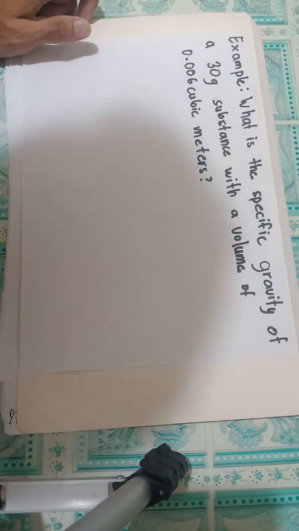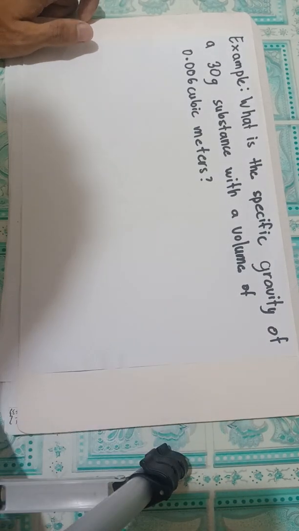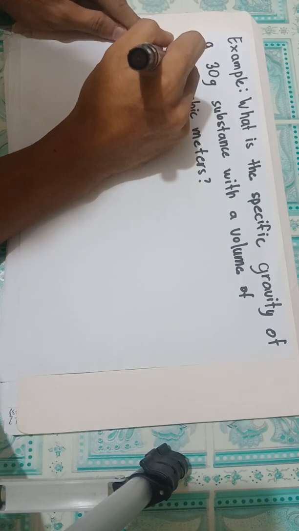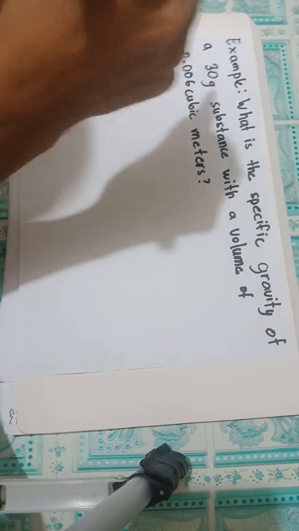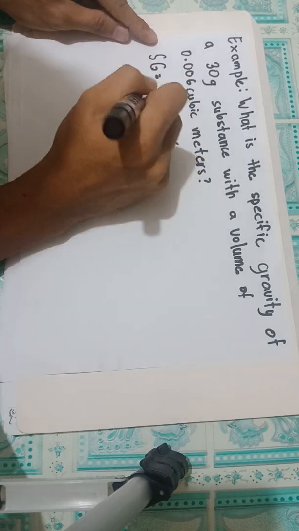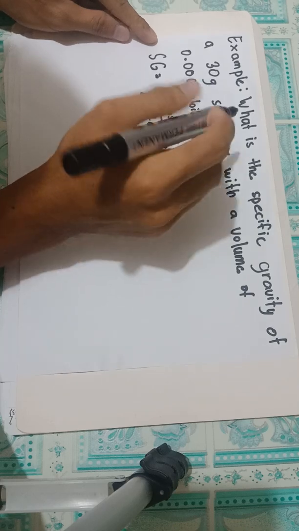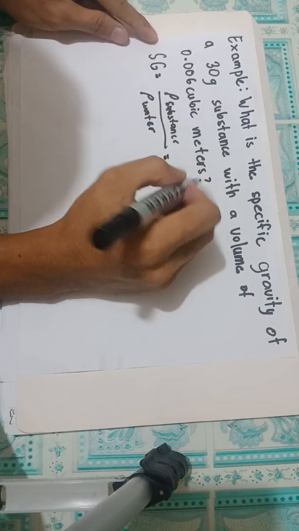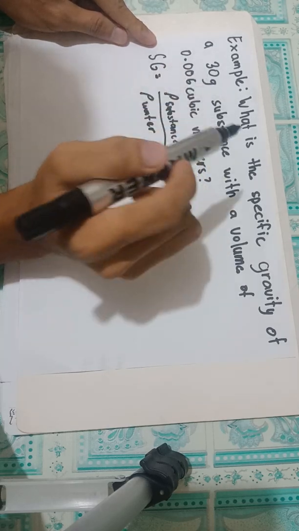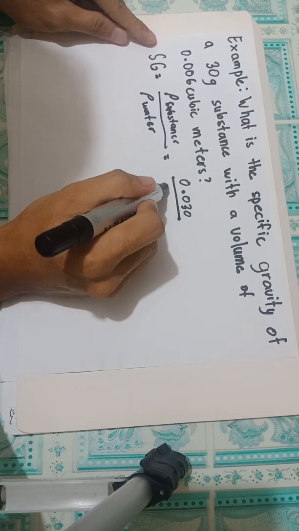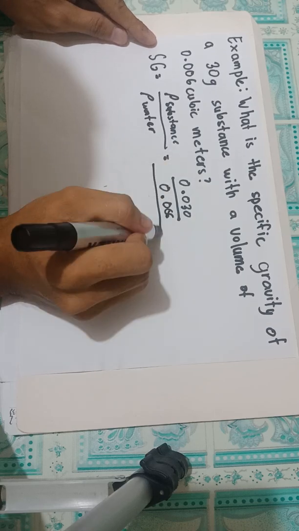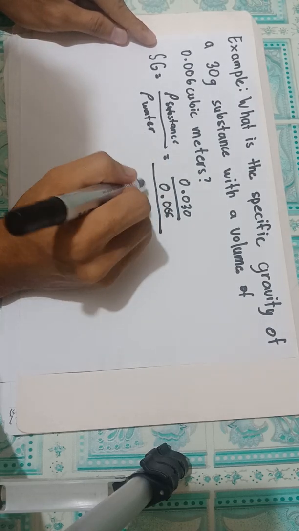If we will be using density, specific gravity is equal to the density of the substance over the density of the water, which will be equal to 0.030 over 0.006, our volume, all over the density of water, which is already given.